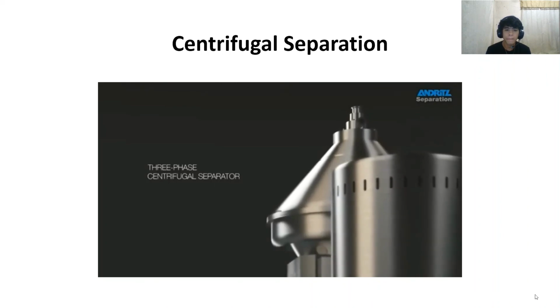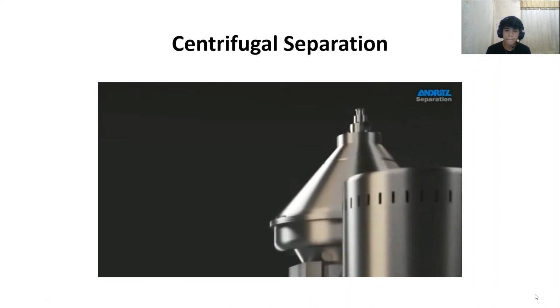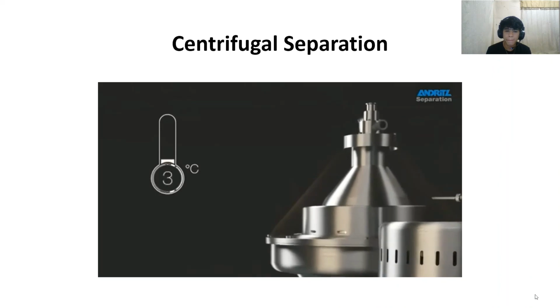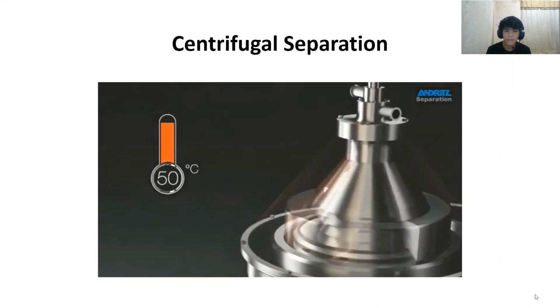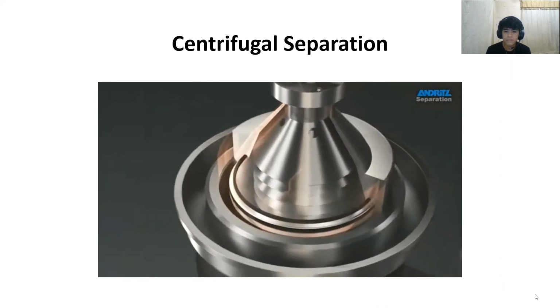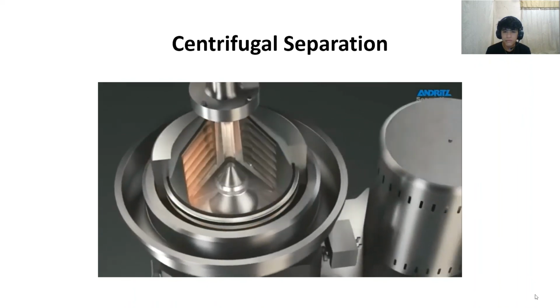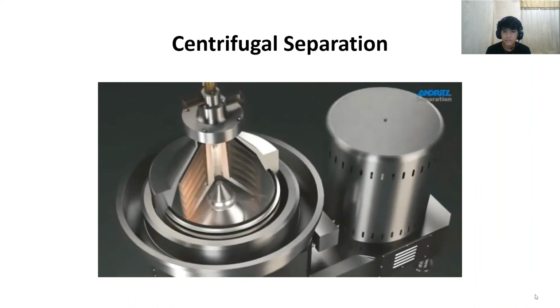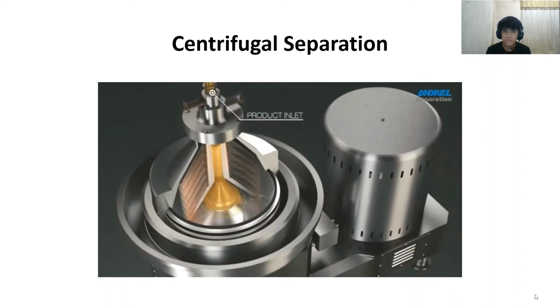The power to separate, the strength to innovate. Separation takes place at a temperature of 50 degrees. The continuous separation process starts when the product is gently introduced into the bowl through the feeding pipe and the distributor.